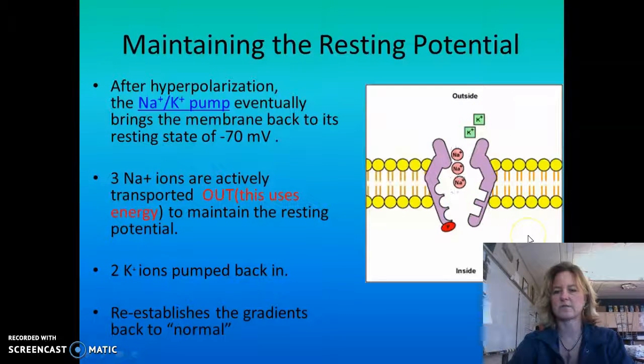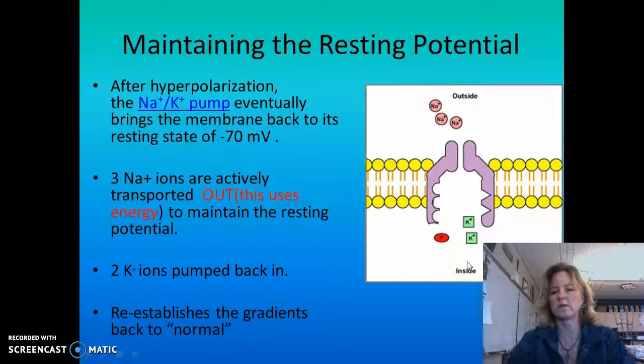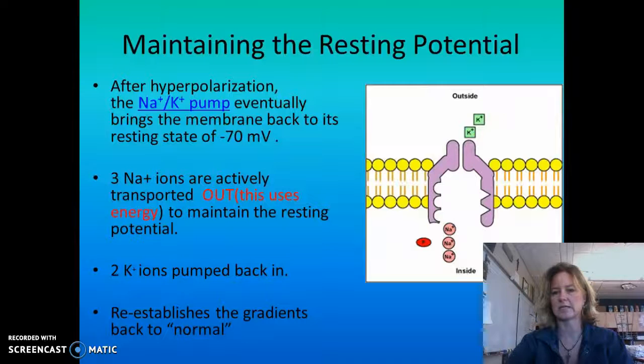And this is working very similar to the clothesline pins that you were using yesterday, where they have different shapes that are going to fit specifically with the ions they are associated with. And so as they open in one direction, they will spit the ions, in this case potassium, in.